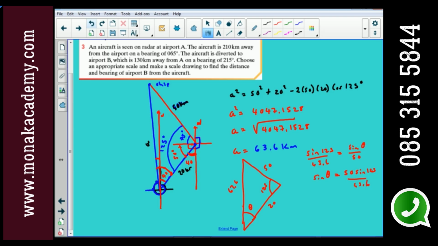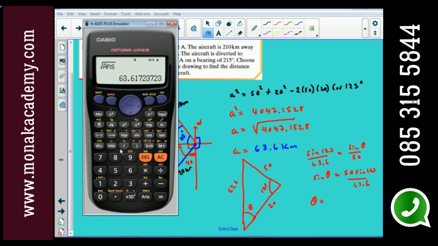So theta equals shift sine -1 of 50 sine 125 over 63.6. Why are we using sine -1? Because we want the angle, don't we?